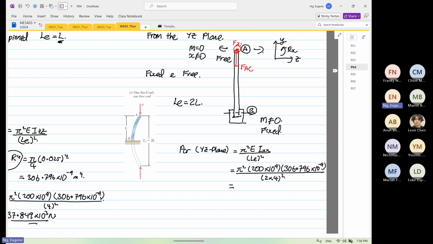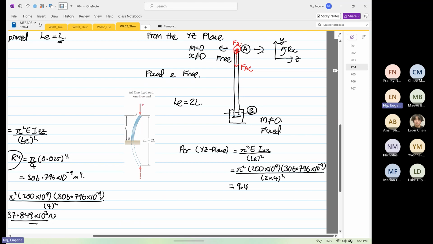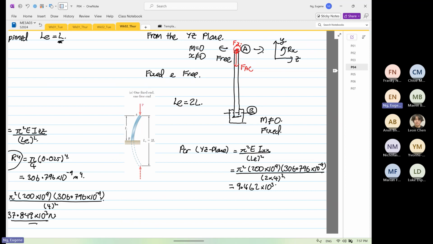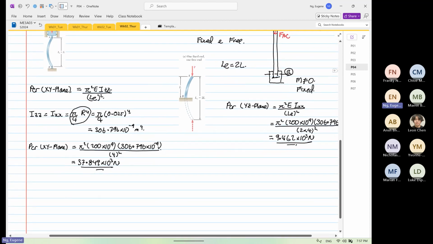So the load that it can carry now is 9.462 times 10 to the power 3 Newton. I'll do it again. Yep, 9.462 times 10 to the power 3. So the structure will buckle.